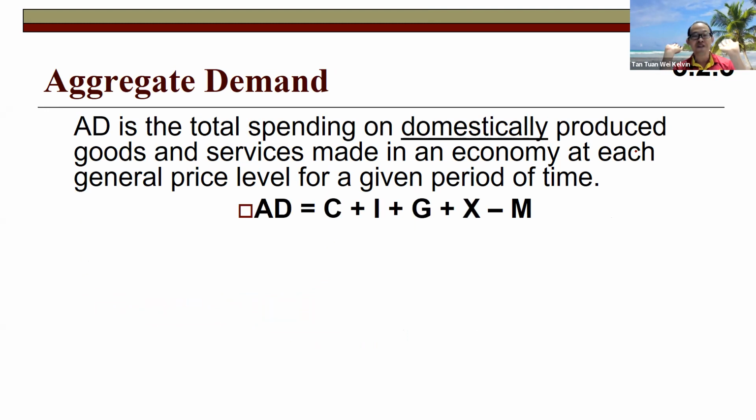Now, you'll be very familiar with this probably by the middle of your J2. Okay, that AD is basically C plus I plus G plus X minus M. So if your tutors have gone through the circular flow with you, you should know that C is consumption, I is investment, G is government expenditure, X is export revenue, and M is import expenditure.